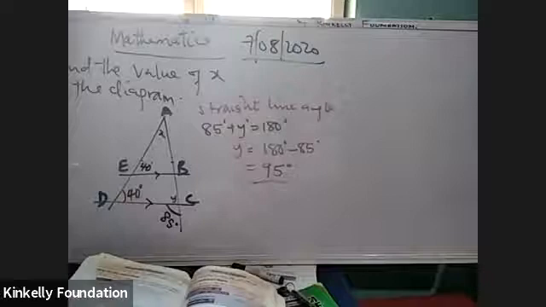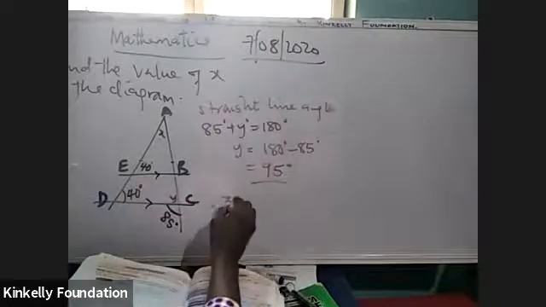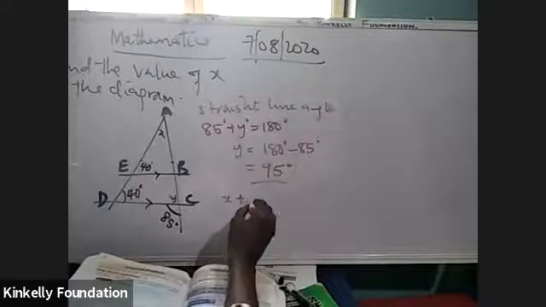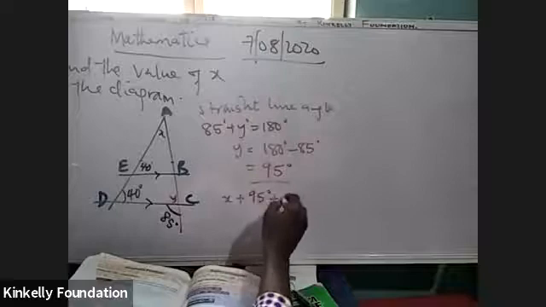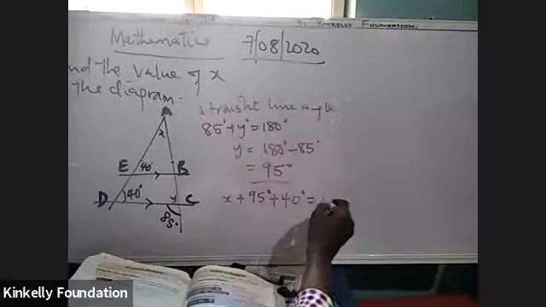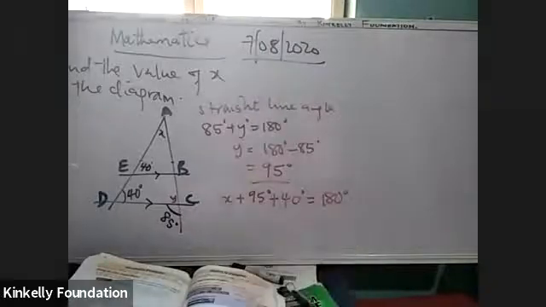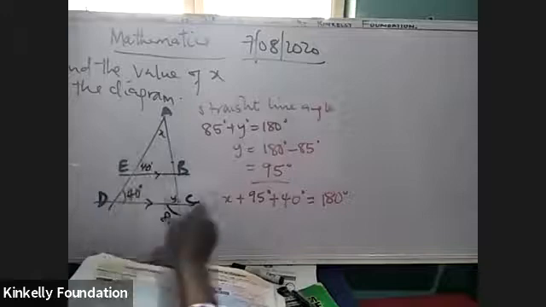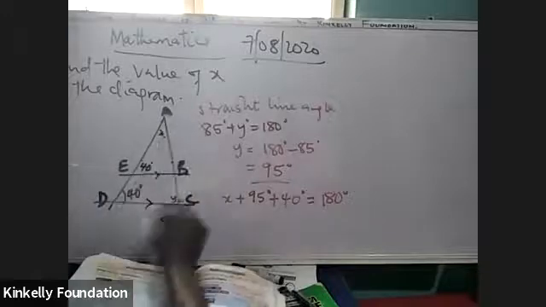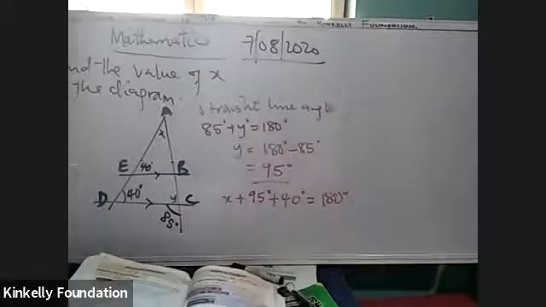And now, since ADC is a triangle, we have that S plus 95 degrees plus 40 degrees is equal to 180 degrees. And the reason for this one is because sum of angles in triangle ADC is what?